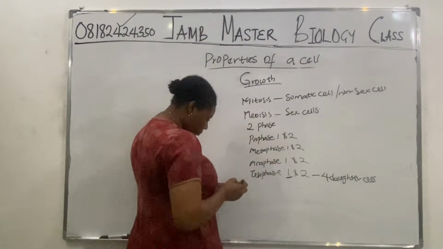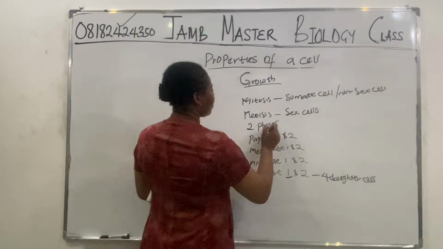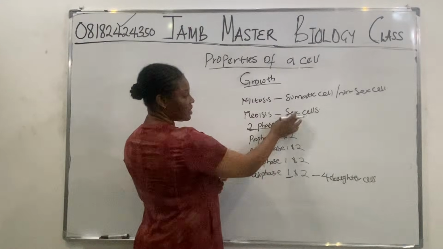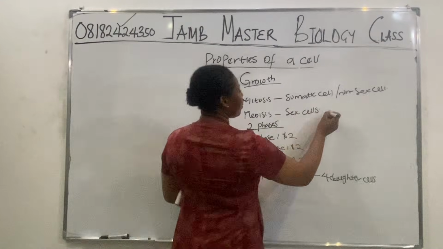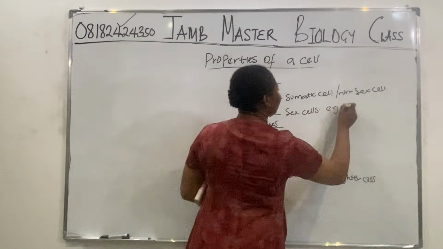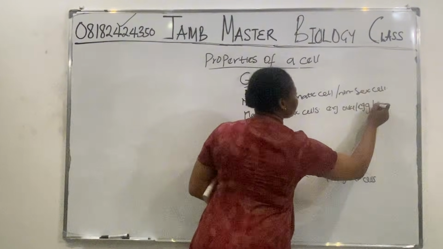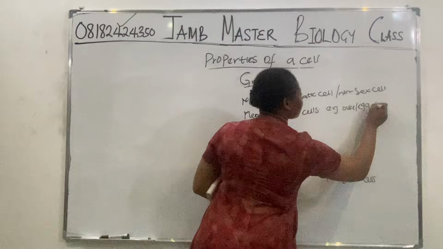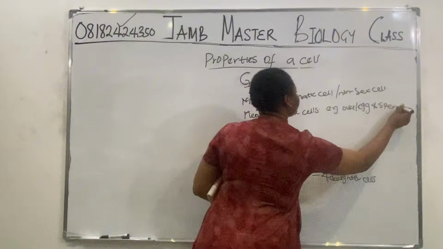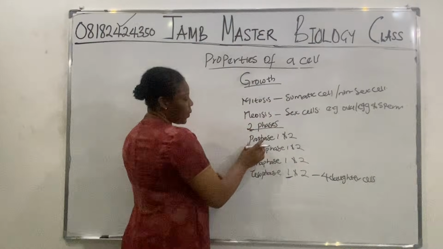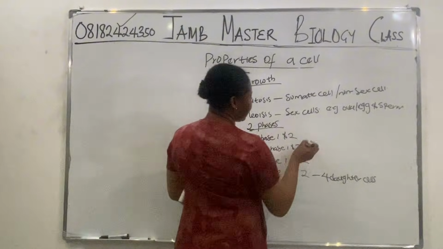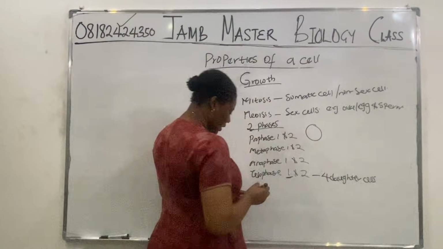So now let's go. Meiosis occurs in sex cells. These sex cells, we have the ova, which is the female egg, and we have the sperm, which is the male gamete. Now remember that in prophase, the nucleus will disappear.